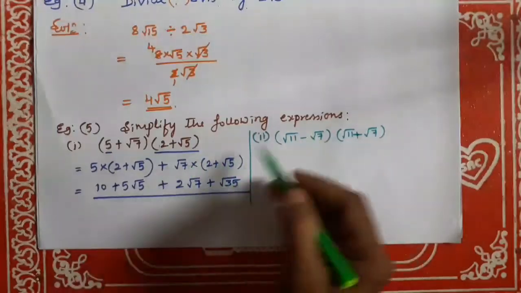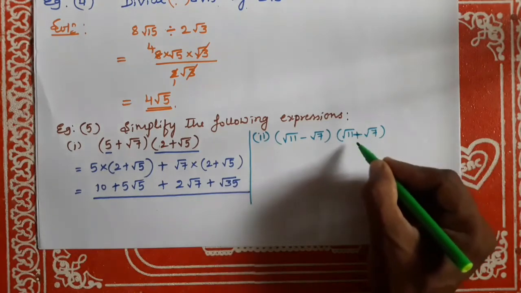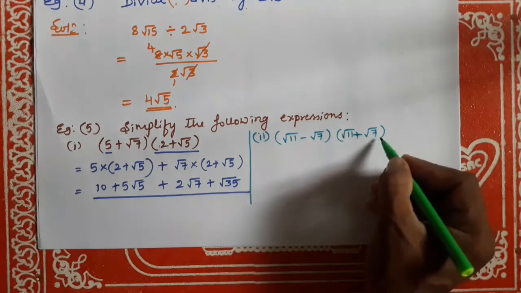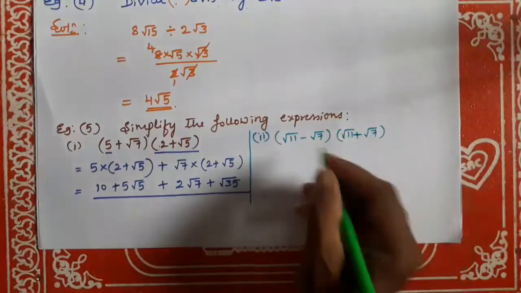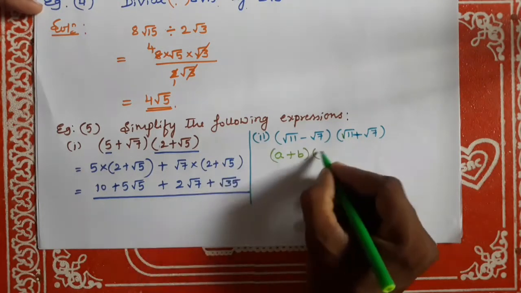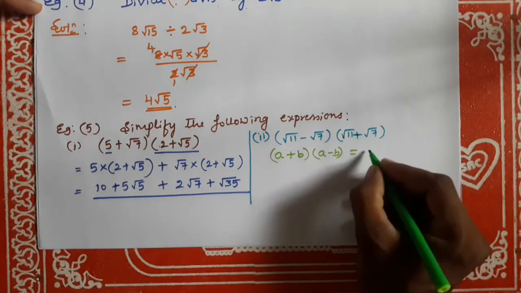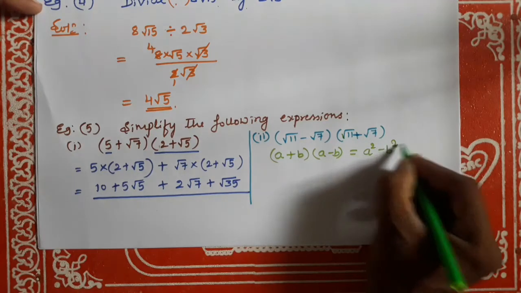Dear students, in this second question, root 11 minus root 7 into bracket root 11 plus root 7 is nothing but the formula we know: a plus b into a minus b. We know the identity is a square minus b square.